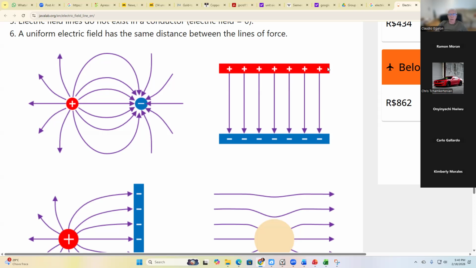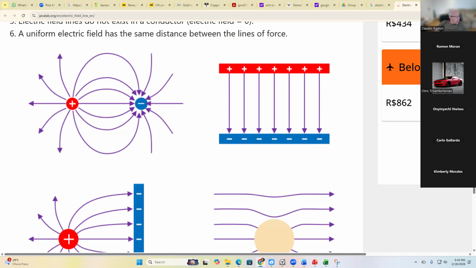Very close to each other in this region. It's possible to prove mathematically and graphically as well that this type of charge distribution generates an electric field that is uniform. Okay?